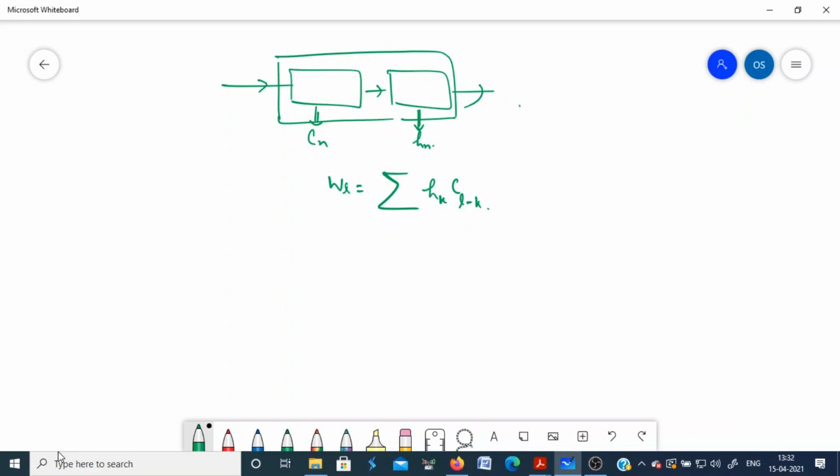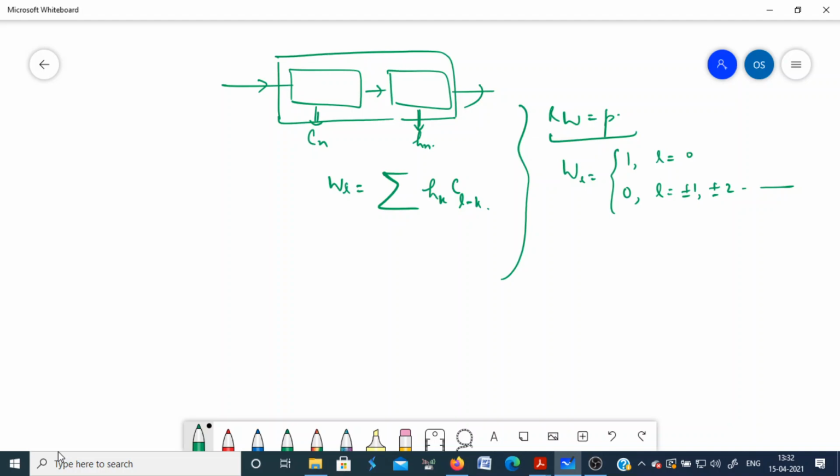And by applying the Wiener-Hopf equations, RW is equal to P, we have just found a solution for W: WL should be equal to 1 if L is equal to 0, and it is 0 for L equal to plus minus 1, plus minus 2 up to plus minus n.